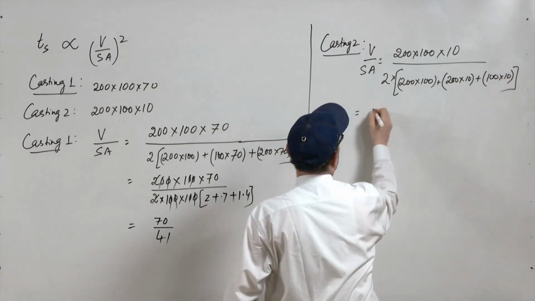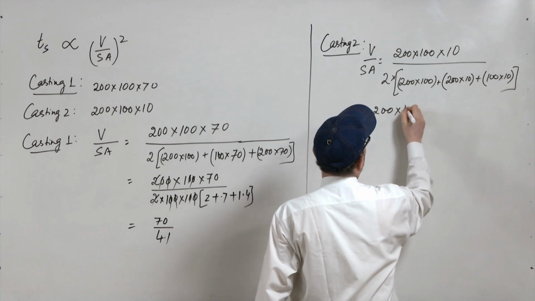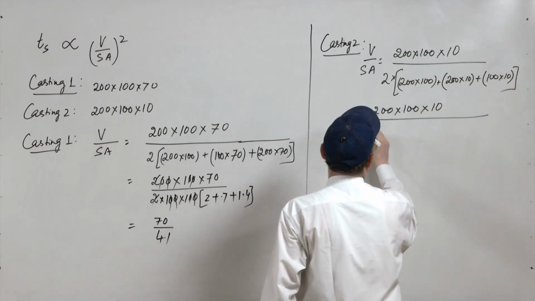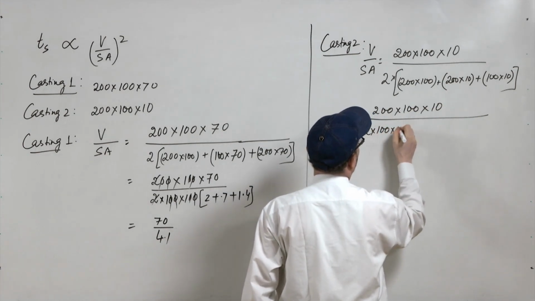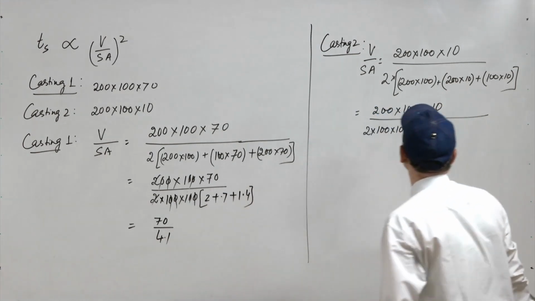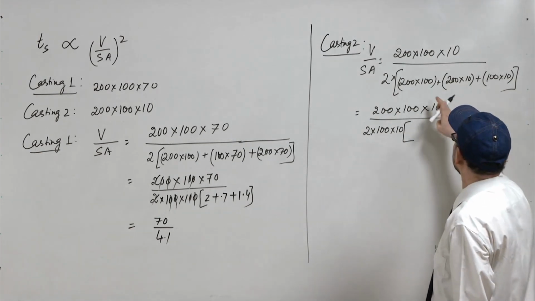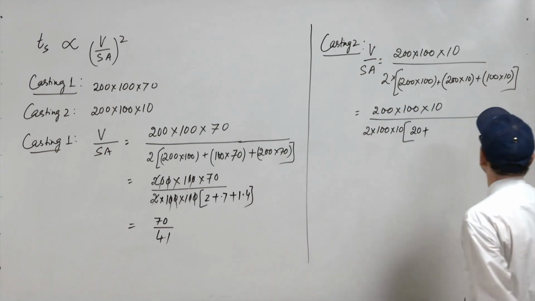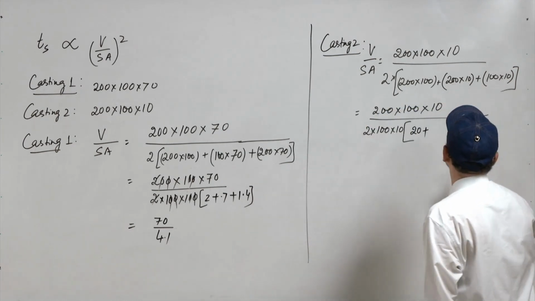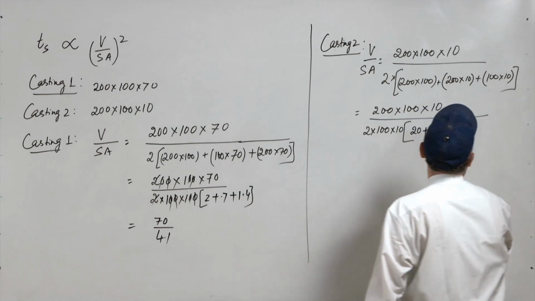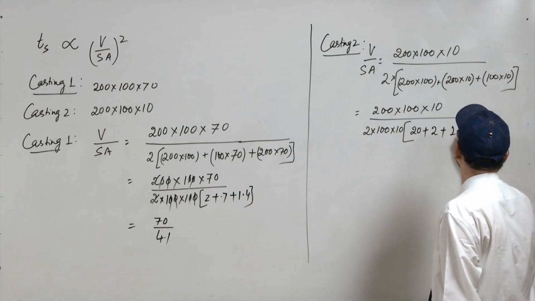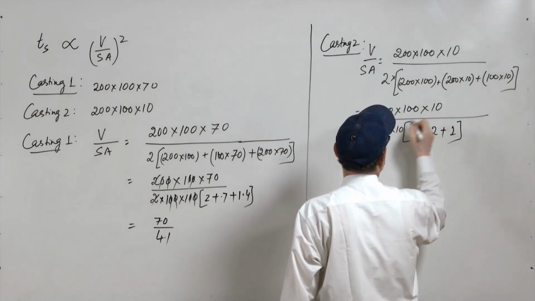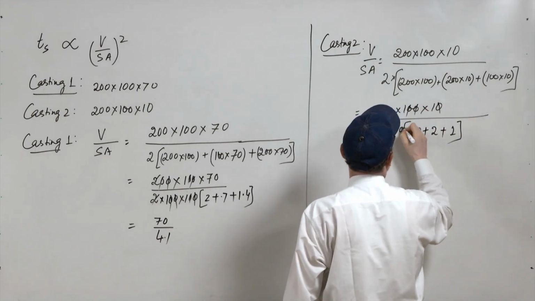We can take 100 into 10 out, so it will be 20 plus 2 plus 1, and we can cancel all this.